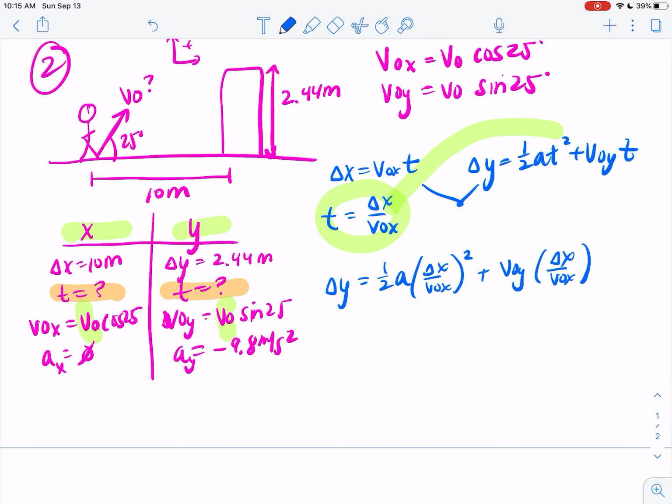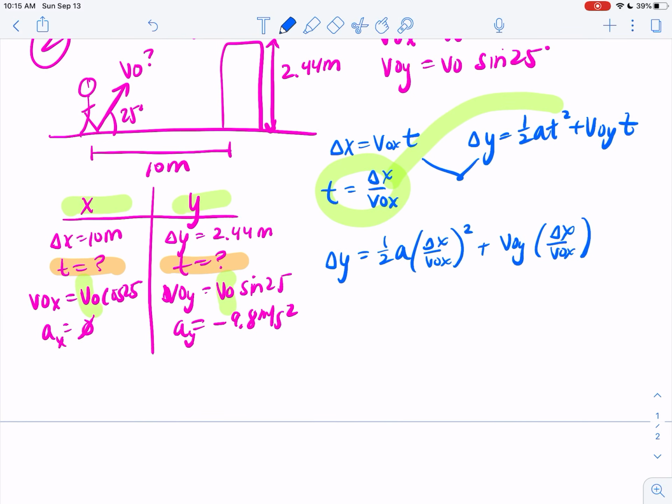I'm going to start putting in some numbers. You have to be really careful of your positives and negatives here. Negative 9.8, and then I have 10. I'm just going to leave out the units because this is kind of a nightmare.